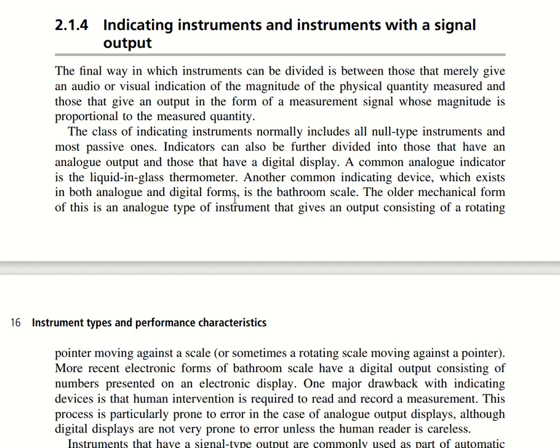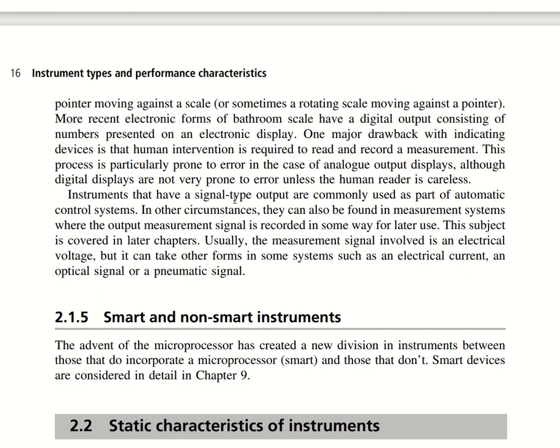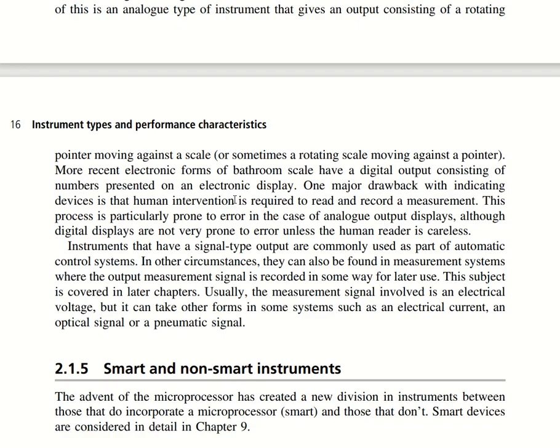The older mechanical forms are the analog type of instrument, giving an output consisting of a rotating pointer moving against the scale, or sometimes a rotating scale moving against a pointer. More recent electrical forms of bathroom scales have a digital output consisting of a number presented on an electronic display.